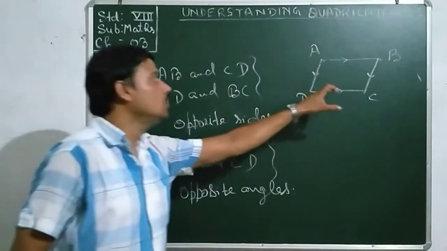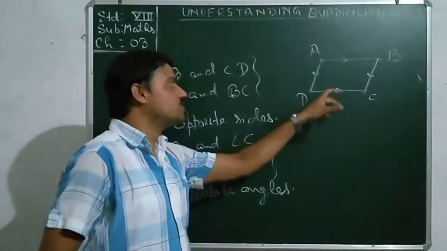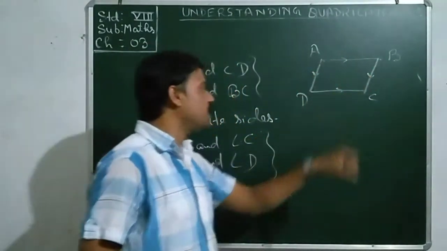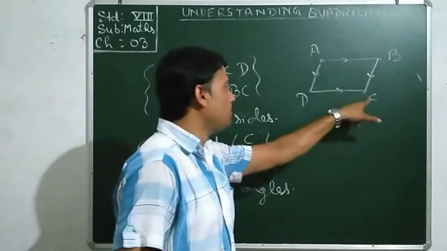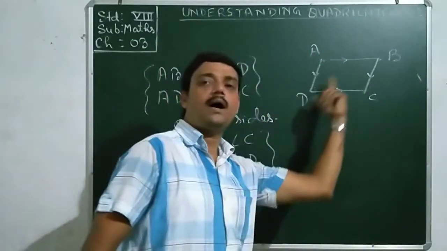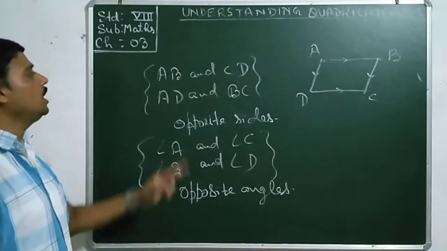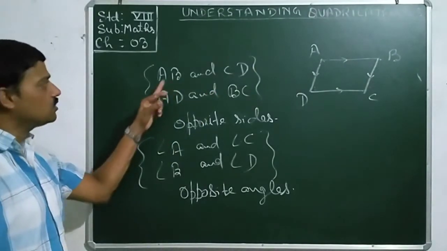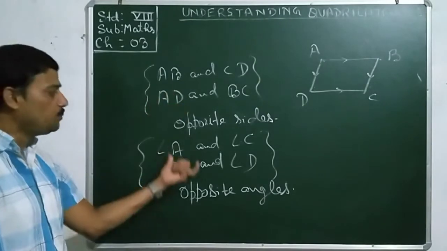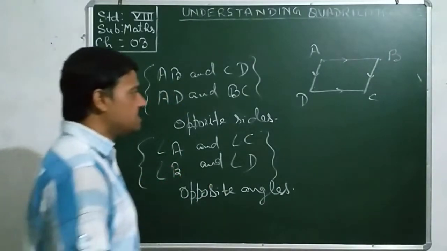So in a parallelogram, we got two pairs of opposite sides and two pairs of opposite angles.